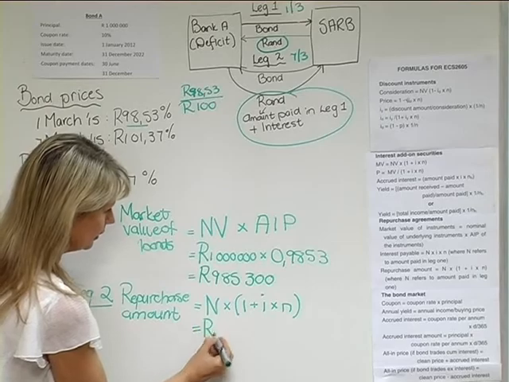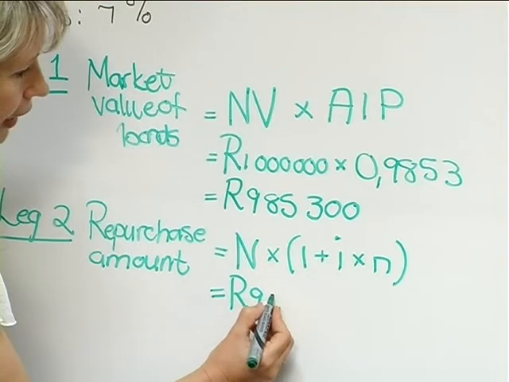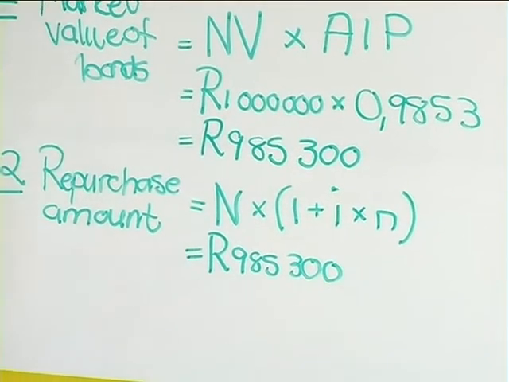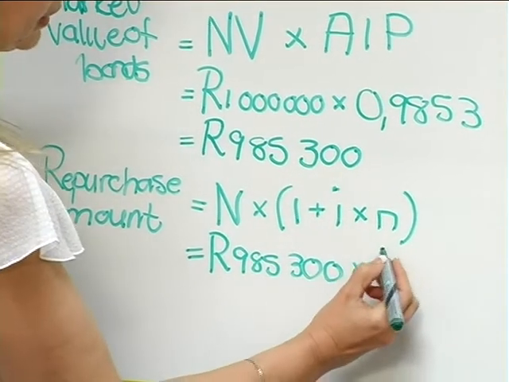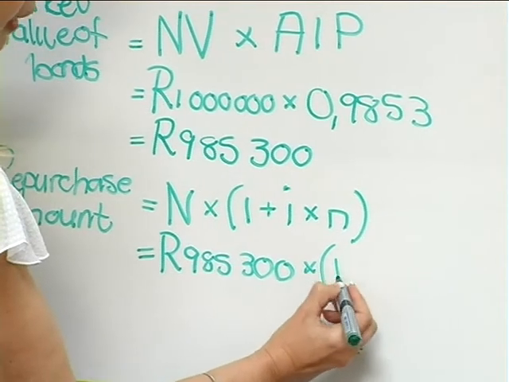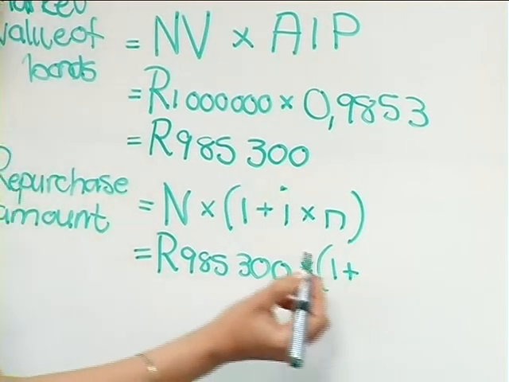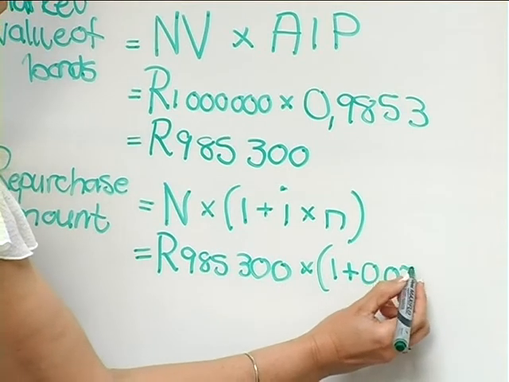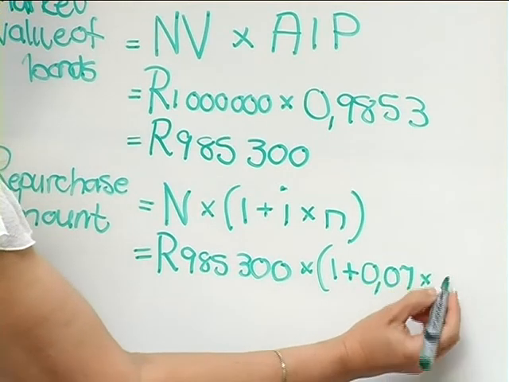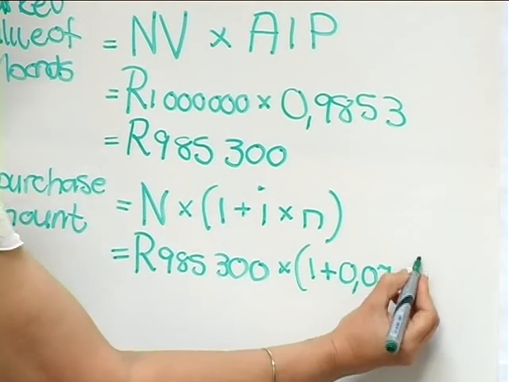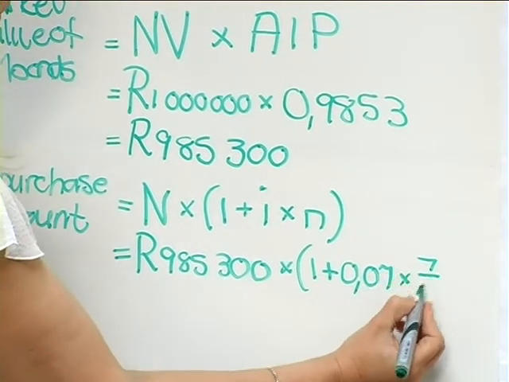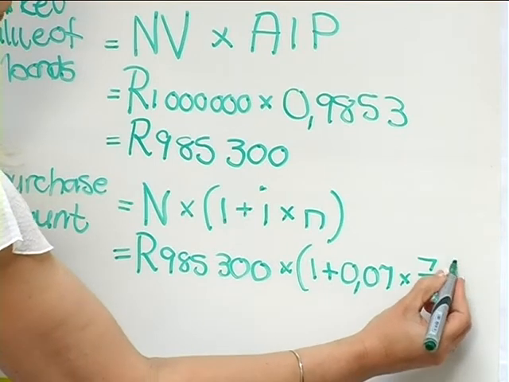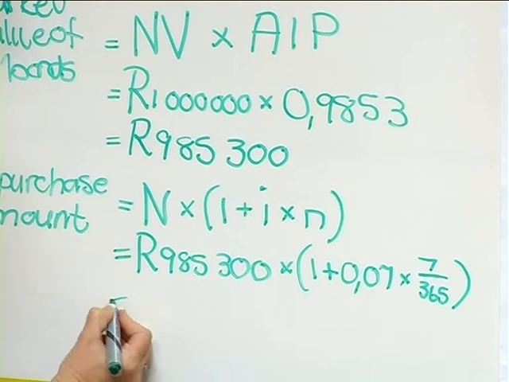So it is 985,300 times, in brackets, 1 plus the repo rate, which is 7%, 0.07, times N, the number which refers to the period of the year for which this transaction runs, so 7 divided by 365.